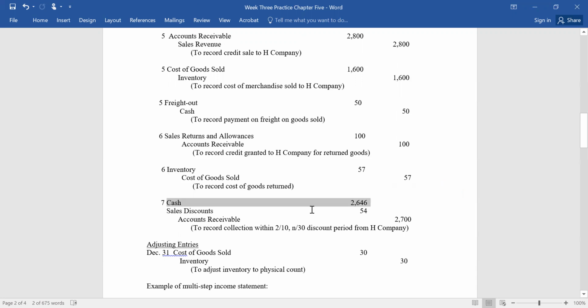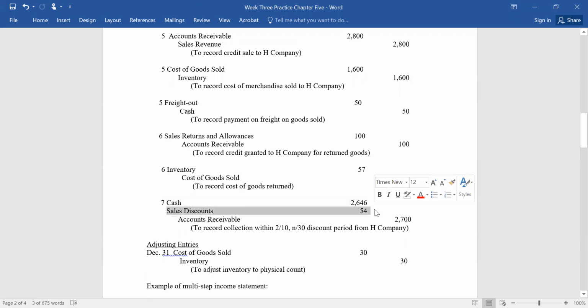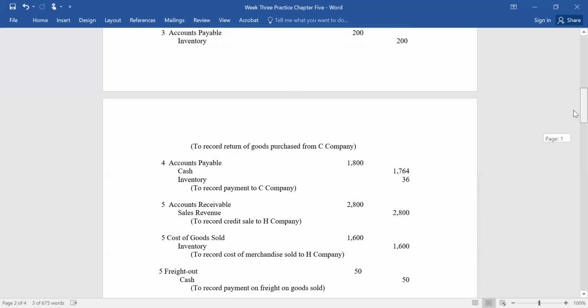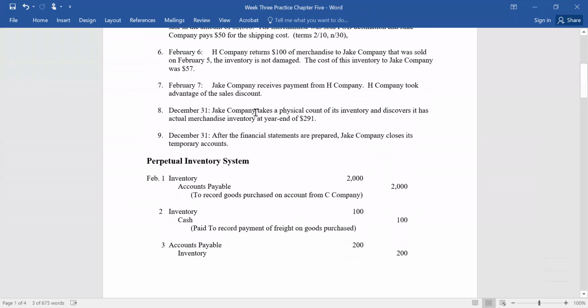So that's the cash we're going to receive, $2,646. The sales discount, again, that's a contra account to sales. The sales discount would be 2% of that $2,700, which is $54. And we're then going to credit accounts receivable for what would have been the balance in that account, $2,700.